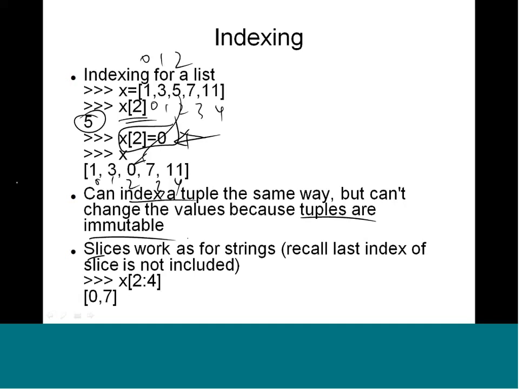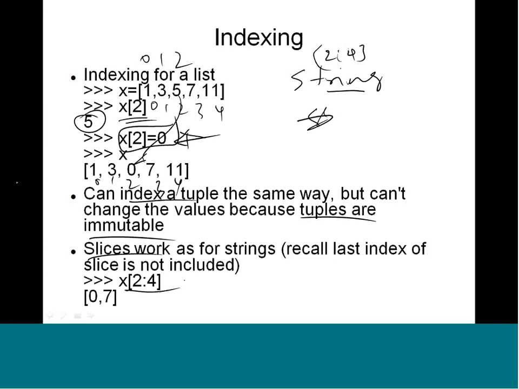And then slices is another one. Slices work as for strings basically. If you remember, in a string we can specify a slice of a range, like starting from 2:4. Those still apply with the lists.